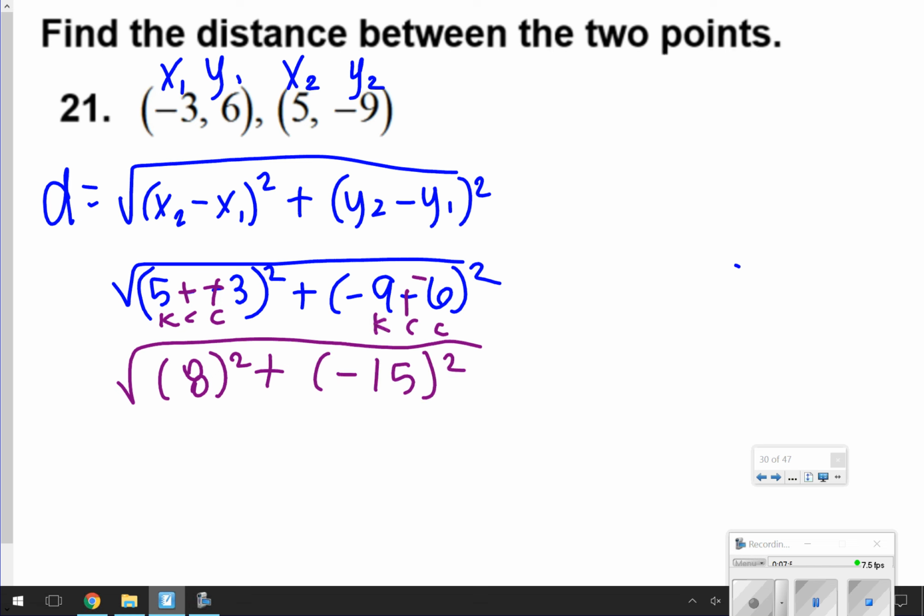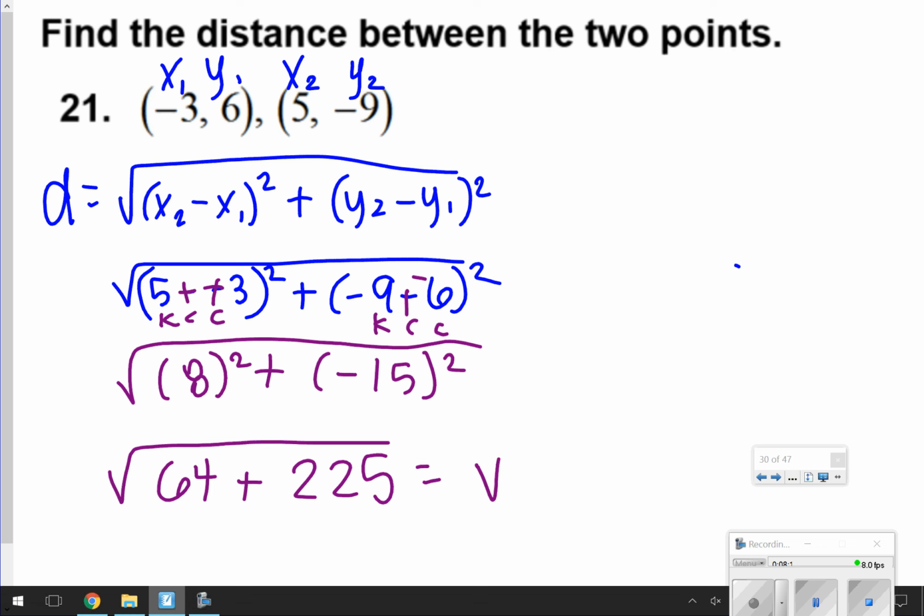Negative 9, negative 6 make negative 15. So then we've got 8 squared, which gives us 64. And then we've got negative 15 squared. It's going to give us 225, I believe. Adding those together, we get 289. I'm just going to double check real quick to see if that is going to give us a perfect square. I think it might.